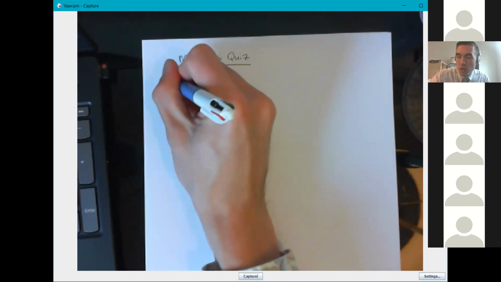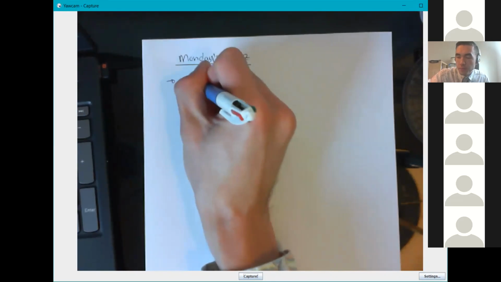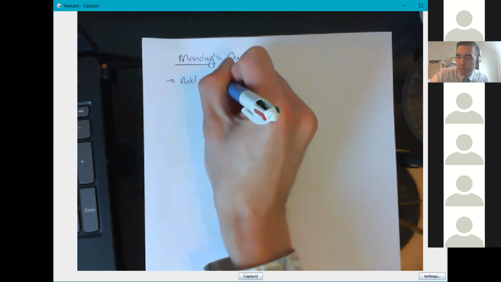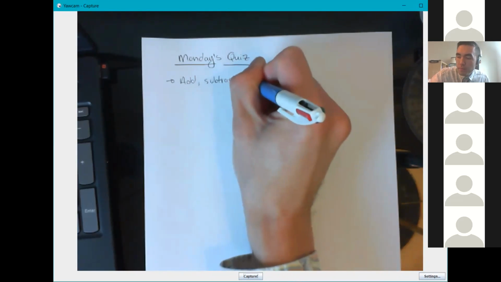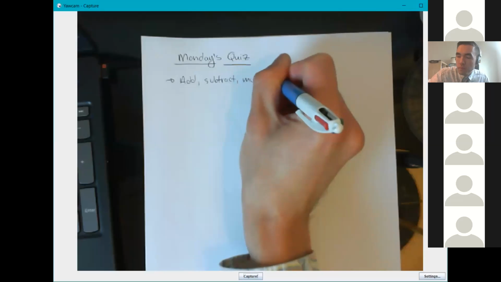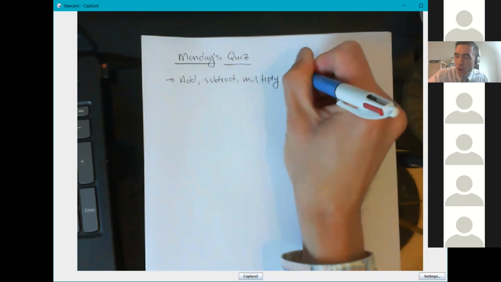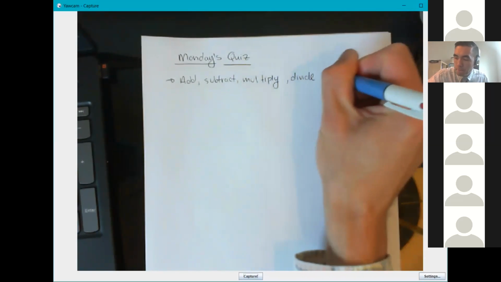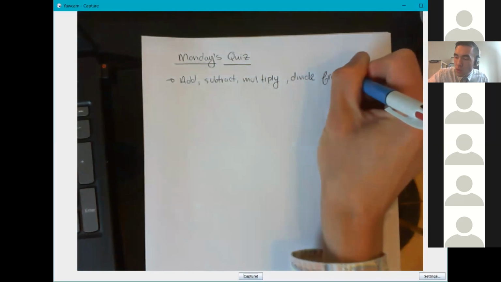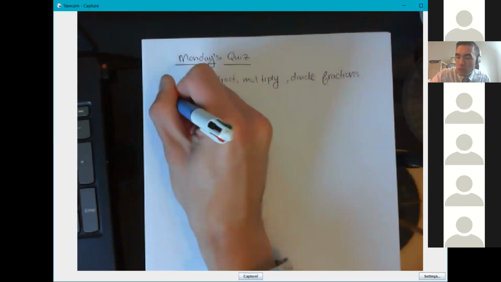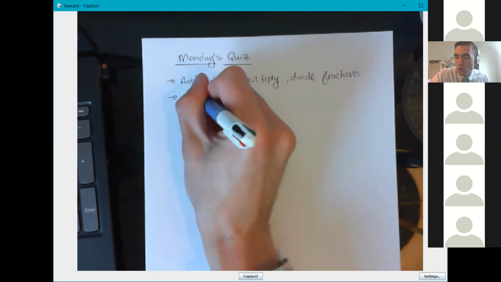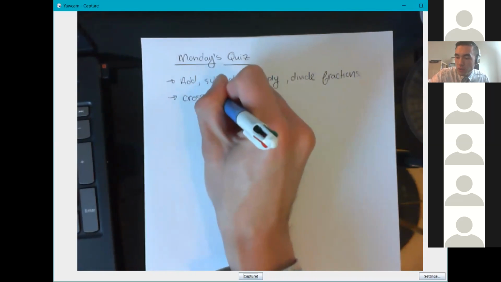So for this part, you want to be able to add, subtract, multiply, and divide fractions. You also want to be able to cross multiply 2 proportions in order to solve for unknown values.